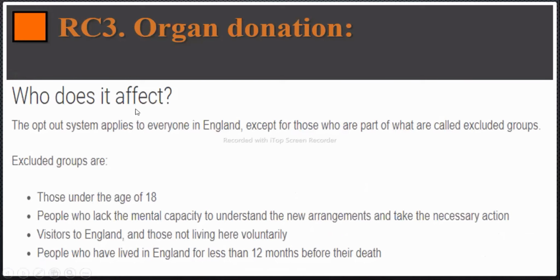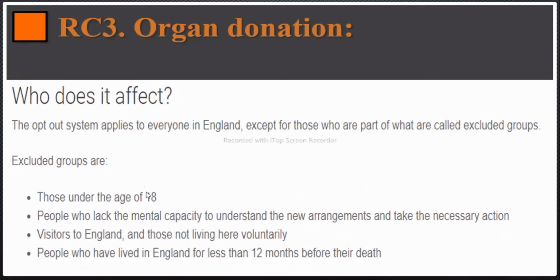Who does it affect? The opt-out system applies to everyone in England, except for those who are part of what are called excluded groups. Excluded groups, like what? Under the age of 18, we are talking about registration, not organ donation. So anyone who registered to donate or not to donate should be above 18.